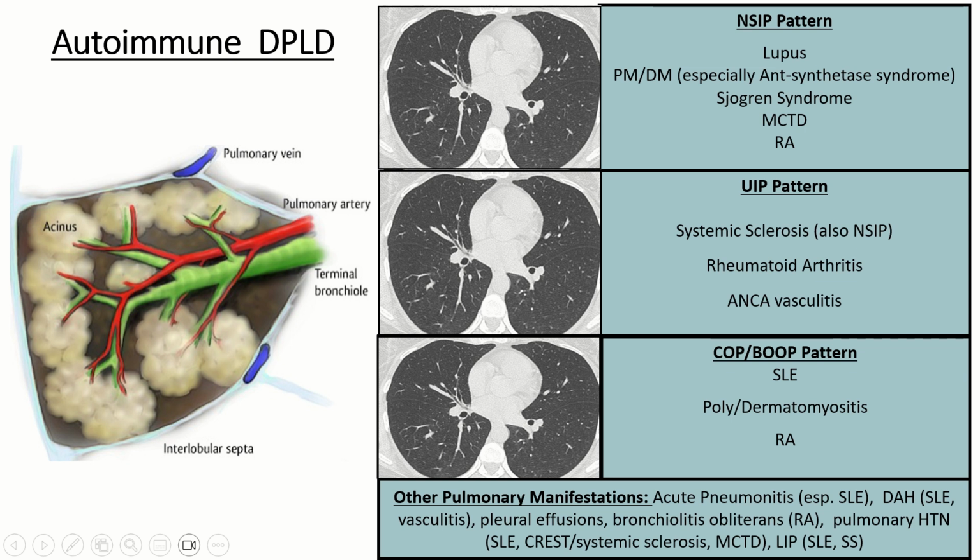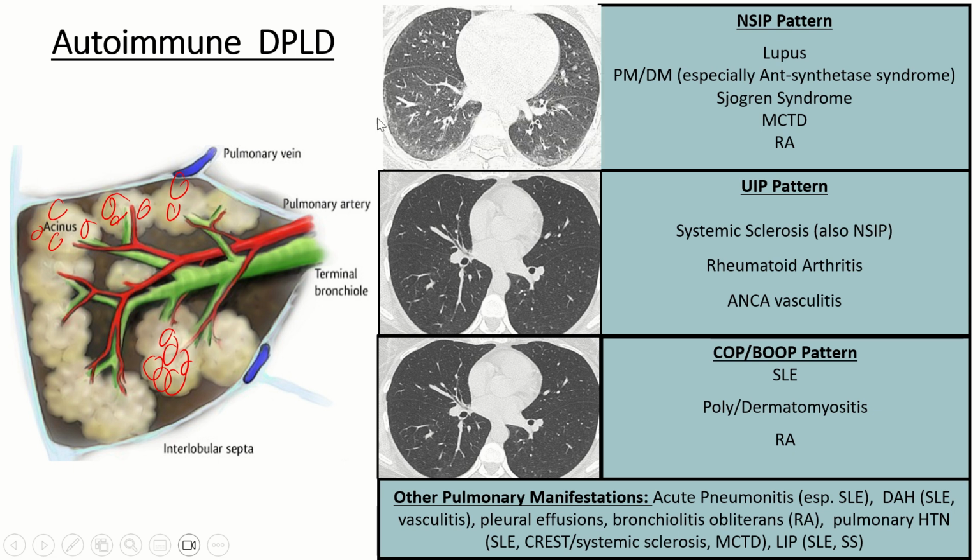And so going over autoimmune diffuse parenchymal lung disease, these are autoimmune attack, T cell and antibody mediated attack of your alveoli, and they can cause different histological patterns, which subsequently correlate to different CT patterns. So you can get an NSIP pattern if it causes more alveolar inflammation.